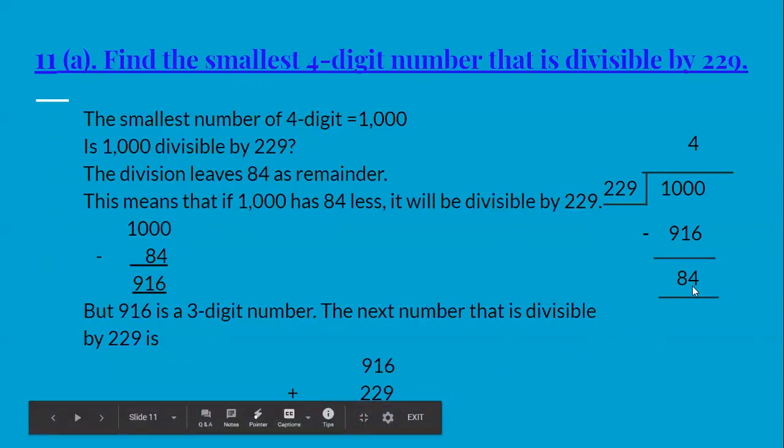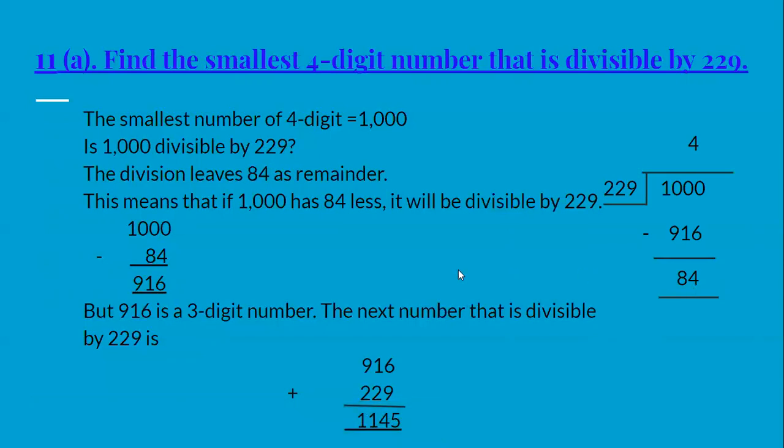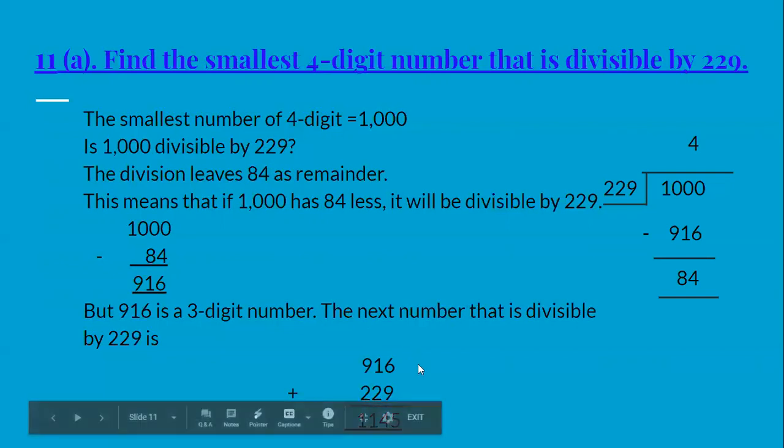84 is left as the remainder, so we subtract it. After subtraction we get 916. 916 is not a 4-digit number. The smallest and the 4-digit, both properties are not matching. So we will add 229 to it, meaning we will add the divisor.